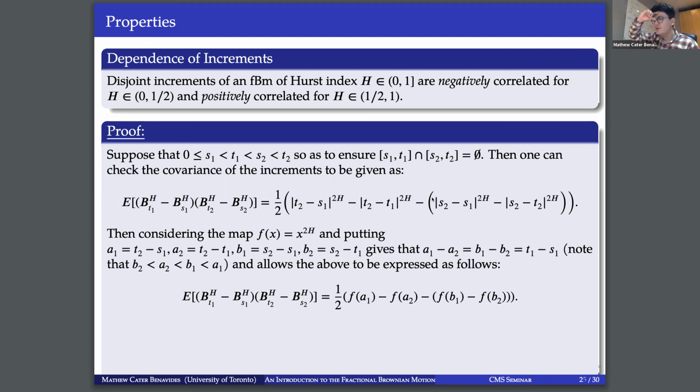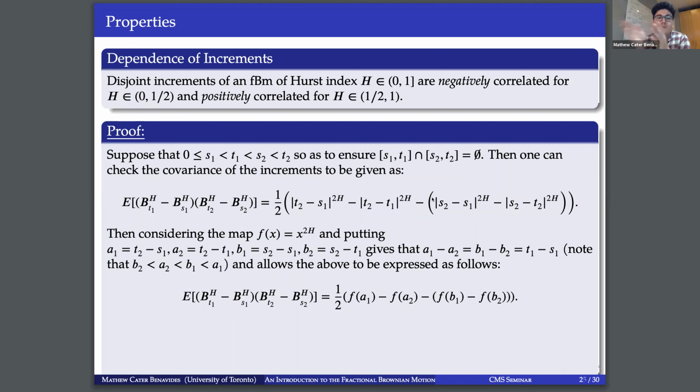And then you can define a handful of variables, a1, a2, b1, and b2, which serve as two intervals. It's not hard to check that b2 is less than a2 is less than b1 is less than a1, i.e. you have two intervals, b2, b1, a2, a1.